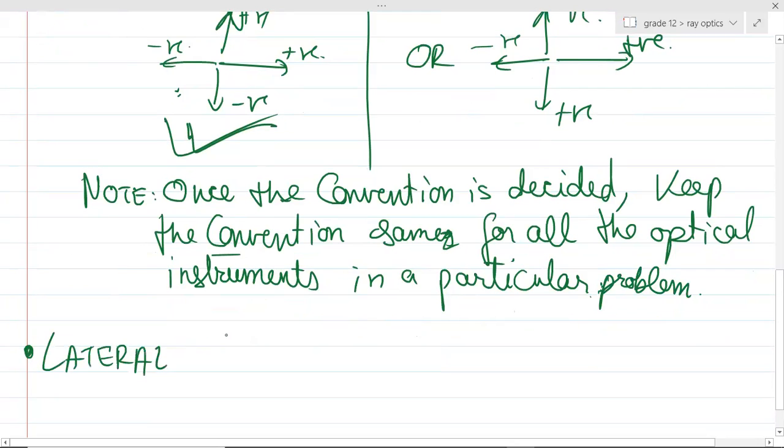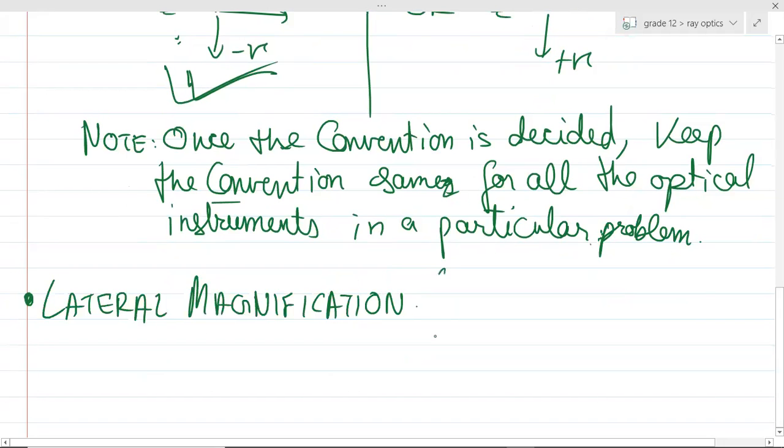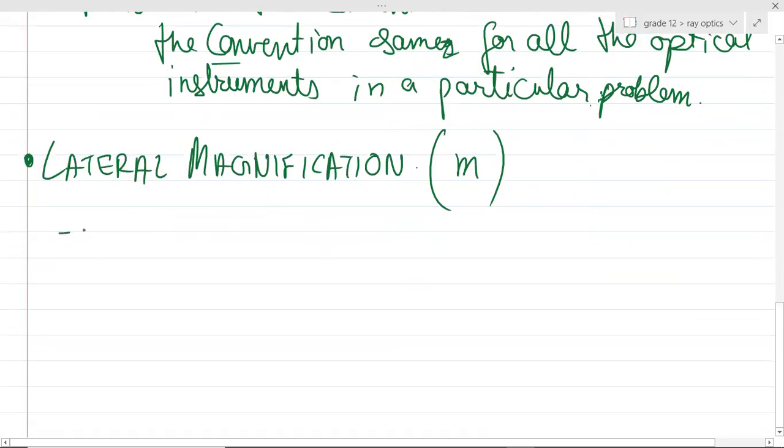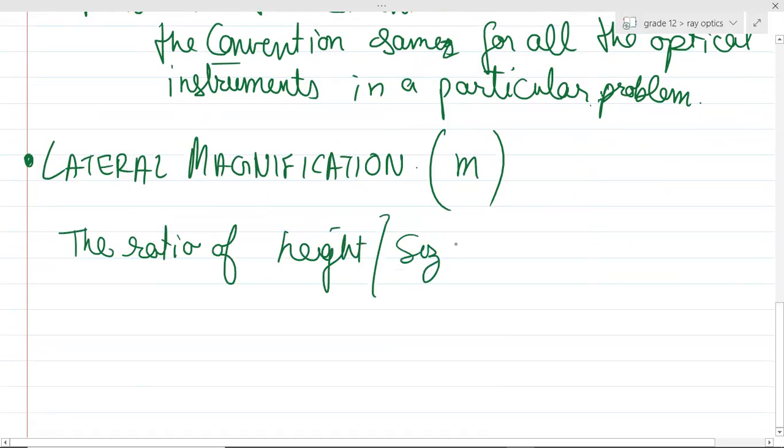Now let's talk about lateral magnification. What do you mean by lateral magnification? Lateral magnification is basically the size. Do you remember the normal magnification you have heard? What was lateral magnification? It is the ratio of the height or size of the image to that of the object.